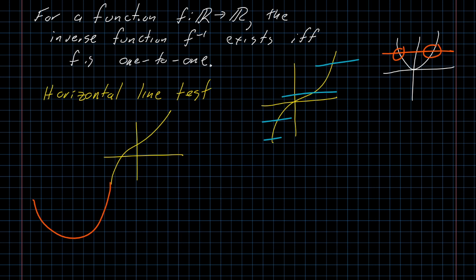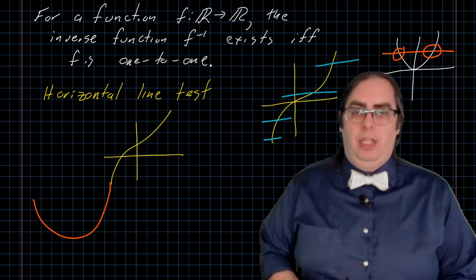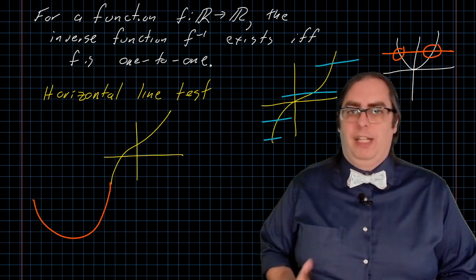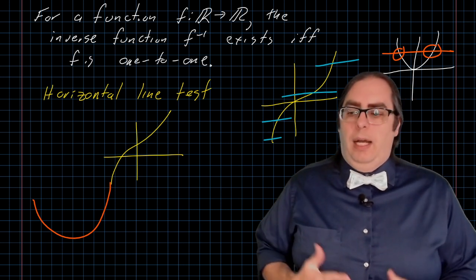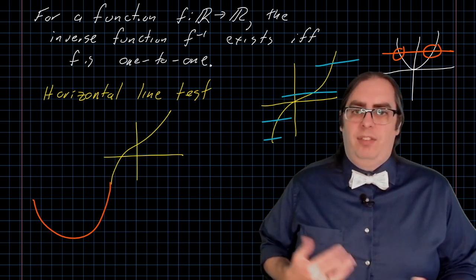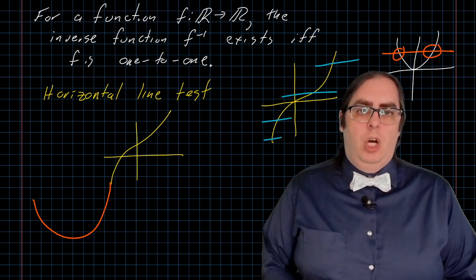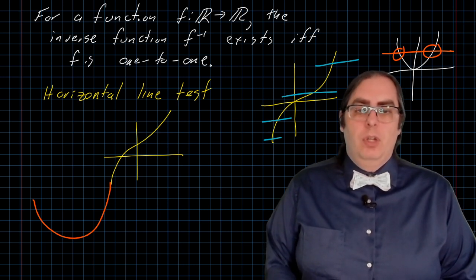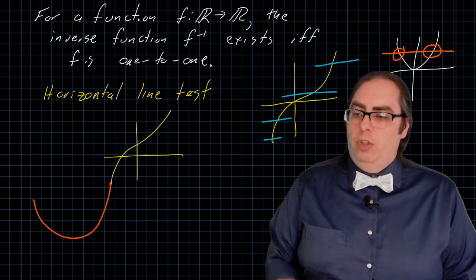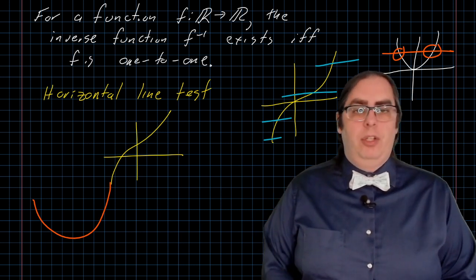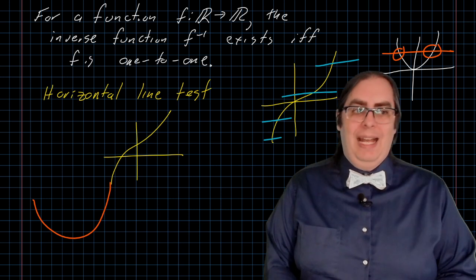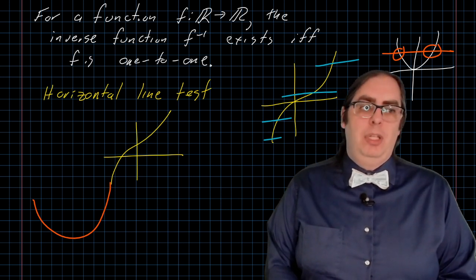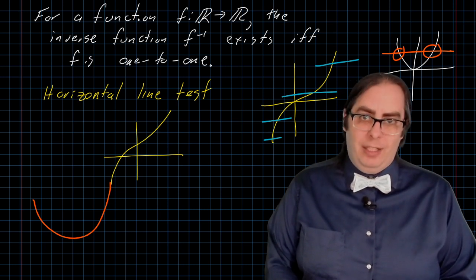The graphical tests I always explain in introductory college algebra and pre-calculus courses, the horizontal line test and the vertical line test, are ways of finding when things don't happen. They have no guarantee that something does happen. So the horizontal line test will never tell you that a function is one-to-one and has an inverse, but it can be used very effectively to say the function is not one-to-one and does not have an inverse.